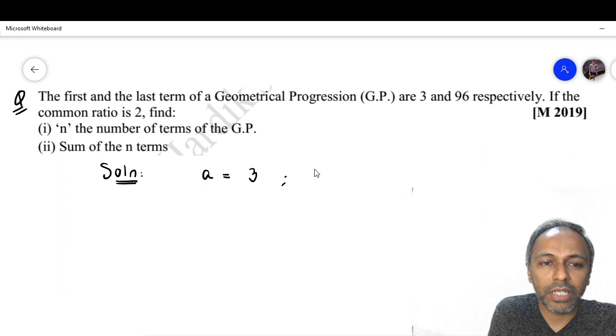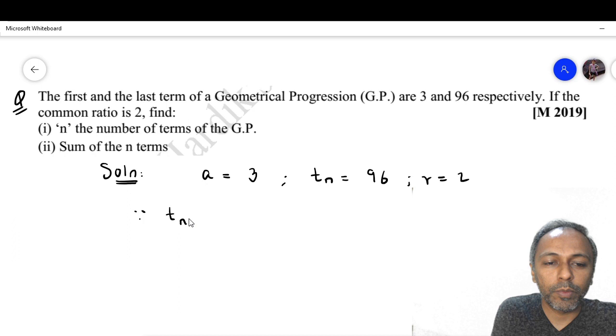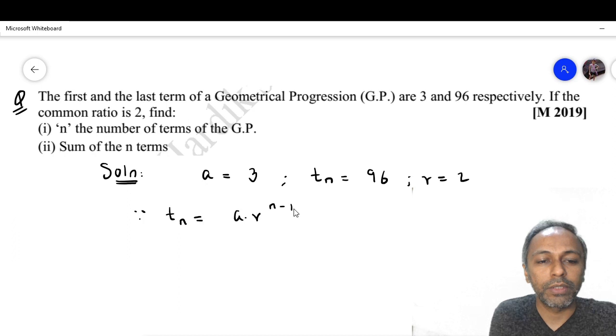We know for any GP, Tn formula is equal to a into r raised to n minus 1. Okay, I think something happened. Let me rewrite this.